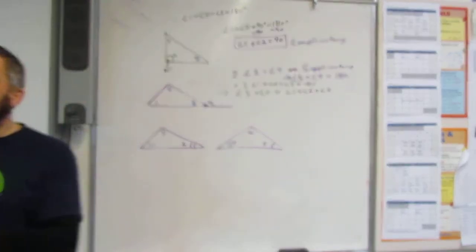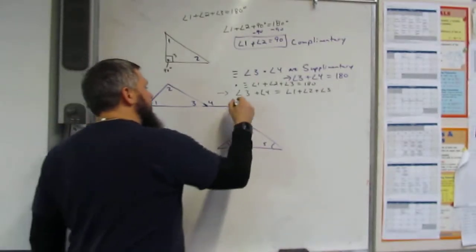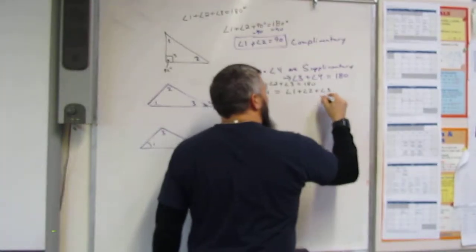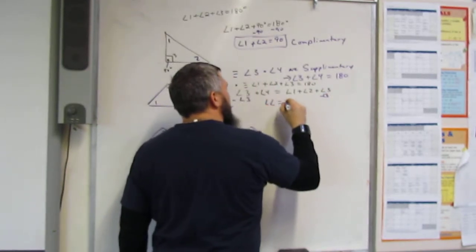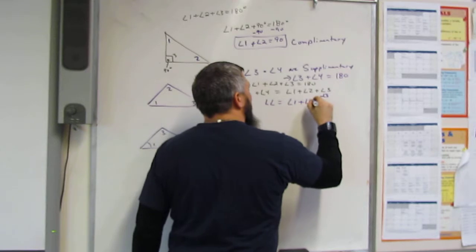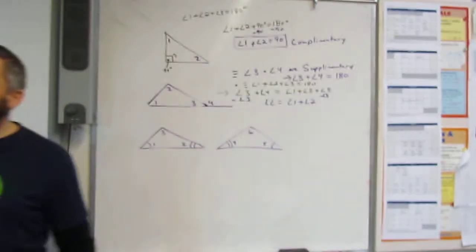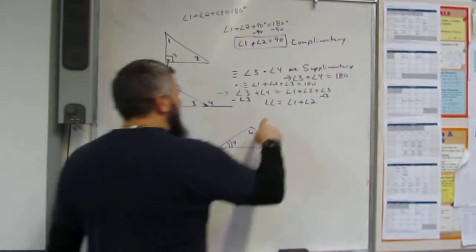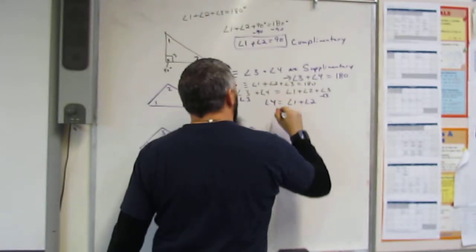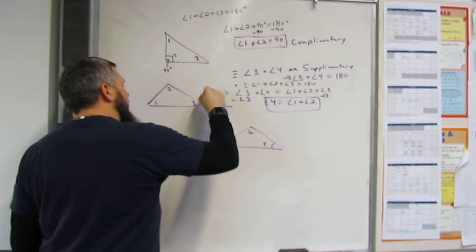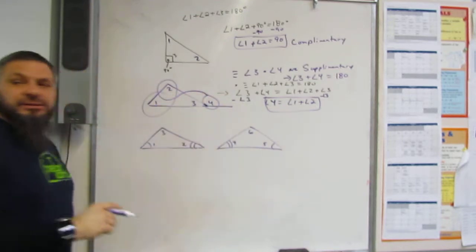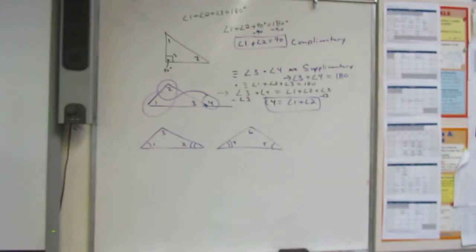Does that make sense? So in that case, if I subtract angle 3 from both sides, then I would get angle 4 is equal to angle 1 plus angle 2. Does that make sense? This angle is equal to the sum of these two. That's all.